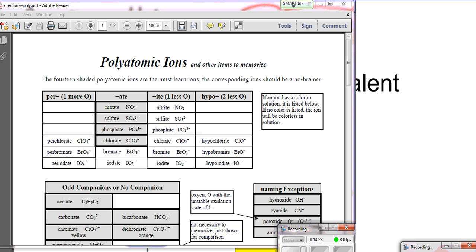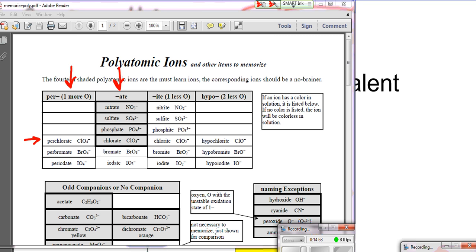And again, I kind of went over a little bit of this, but the most common polyatomic ions end in ate. If they gain one more oxygen, they become per-ate. So the first one that does this that you need to memorize was chlorate. Chlorate can gain one more oxygen, and it becomes even more electronegative and makes a strong acid if it bonds with the hydrogen.